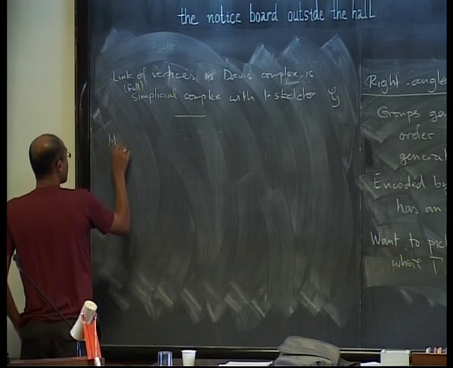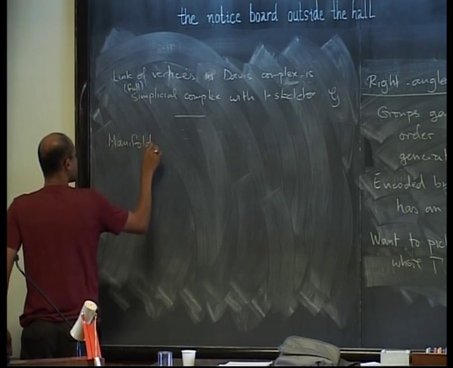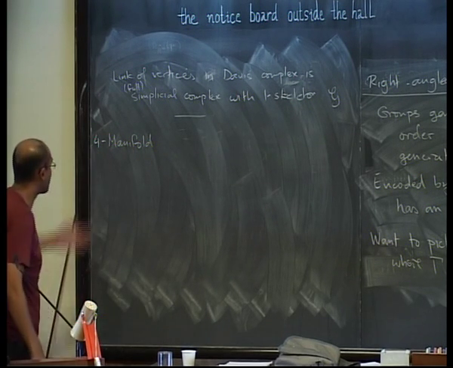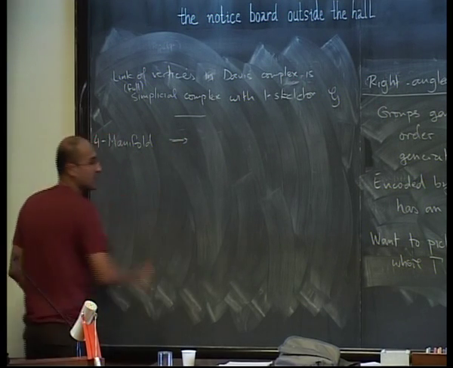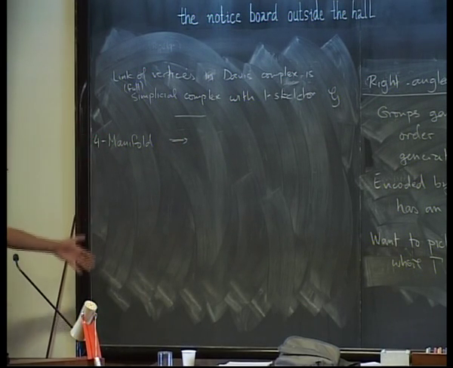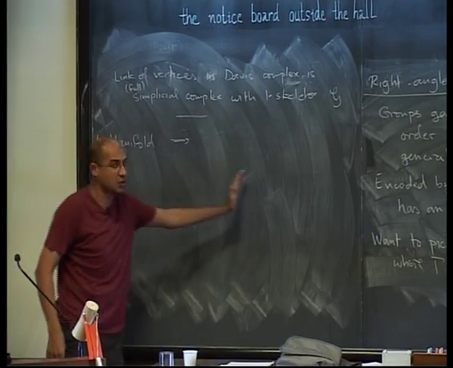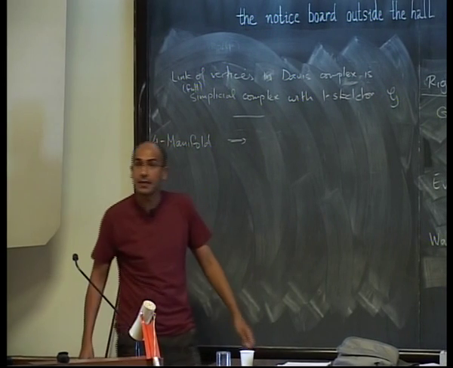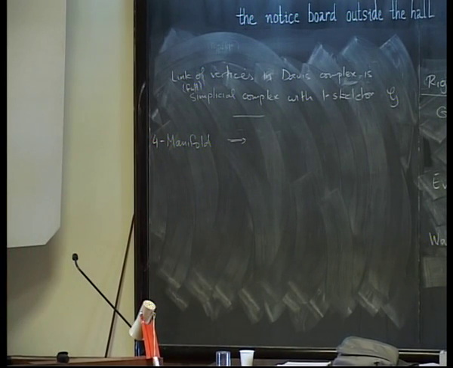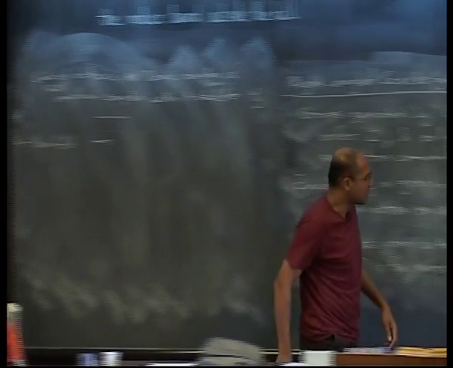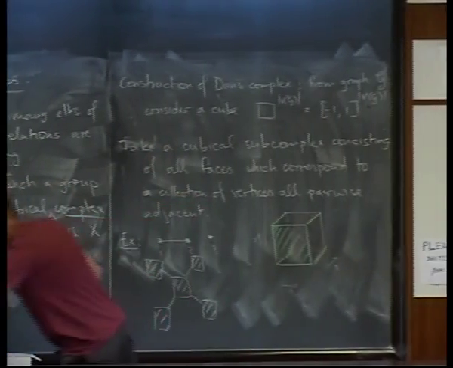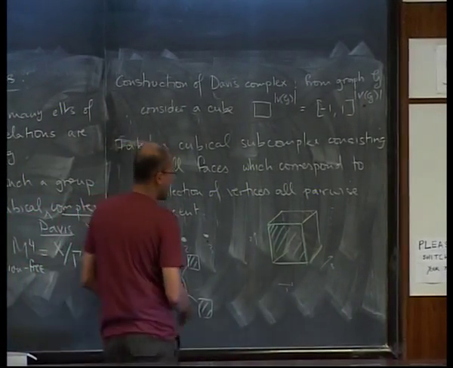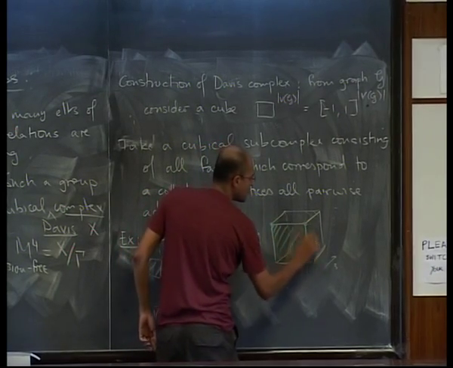So for a manifold, now what I'm going to do here is list out the various properties we want our four-manifold to have, and I'm trying to translate them into properties about a triangulation. So the link of a vertex, I mean the points, inside the Davis complex, the vertices of the cube.